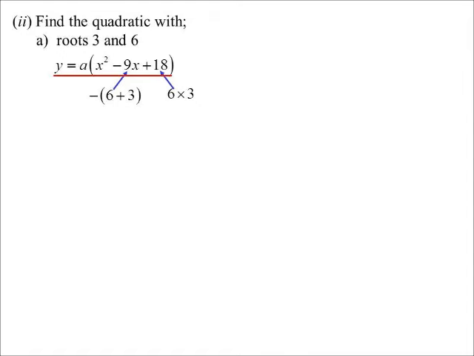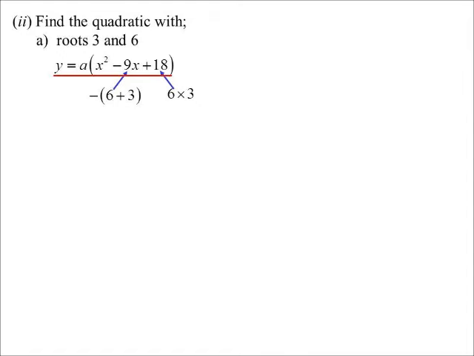Because think about when you factorise. You would have said, what gives negative 9? So you would have said negative 6 and negative 3, but you would have formed up an equation which goes x minus 6, x minus 3, which has solutions positive 6 and positive 3. Whoa, that was a mouthful.